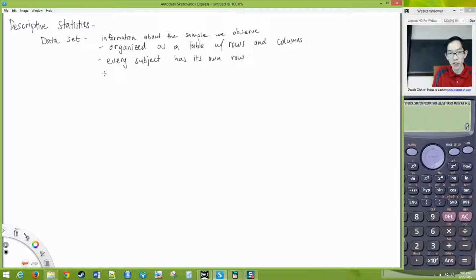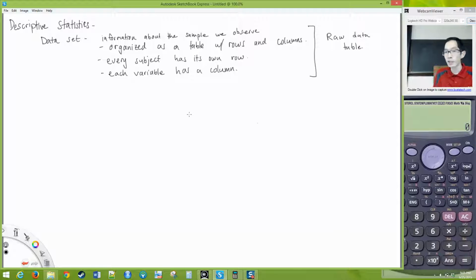And each variable has a column, or each column is a variable. And so this would be our raw data table.